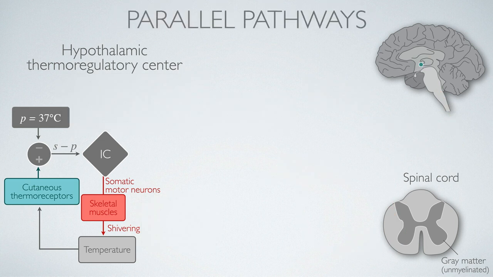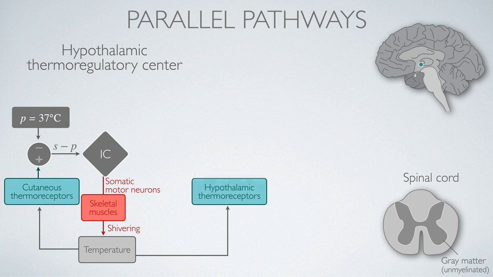Okay, so we've described something that happens largely in the periphery. We're sensing the temperature in the skin. We're recruiting skeletal muscles through motor neurons in the periphery as well. But we also have a separate pathway for responding to cold temperatures, and that is in the hypothalamus itself.